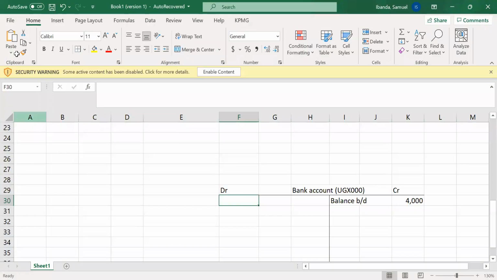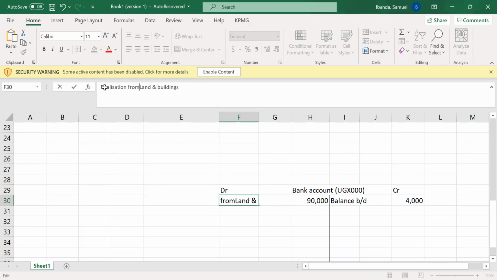So when you come to your bank account, you come and debit with your 90,000 because there is a realization. You can even say it's realization, because it's the alternative account. Realization from land and building.